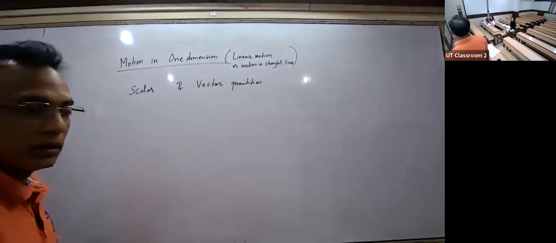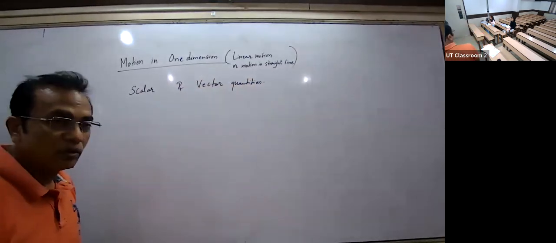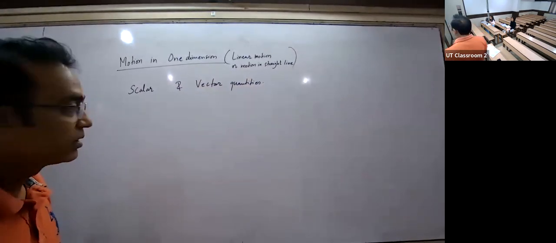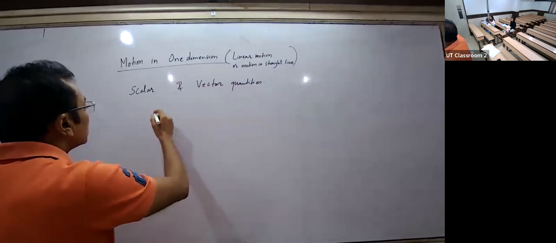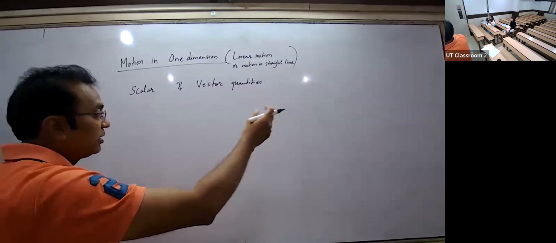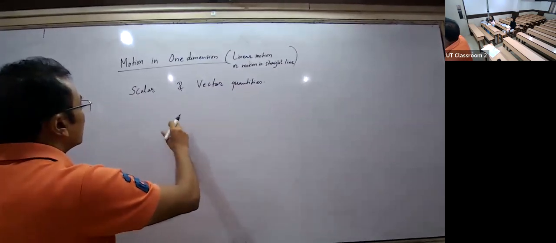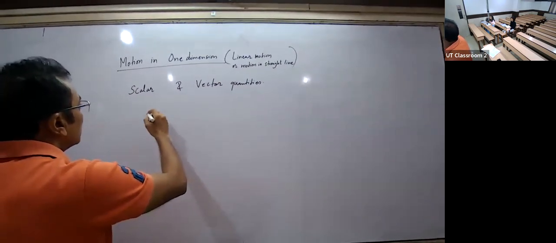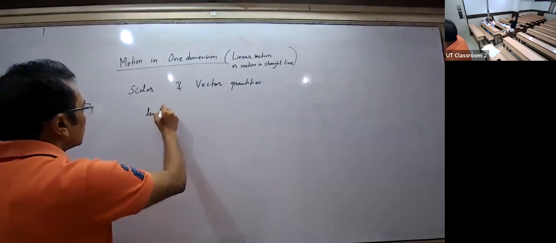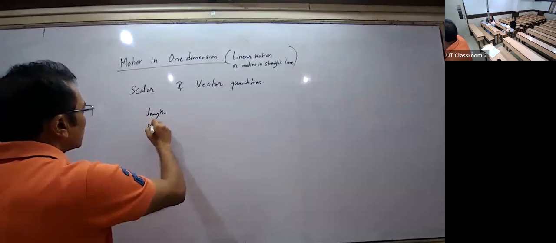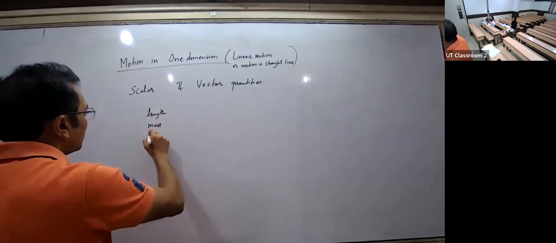Right? So in the first chapter, we learned about various physical quantities. We had some fundamental quantities and some derived quantities. So let's say length, mass, time.